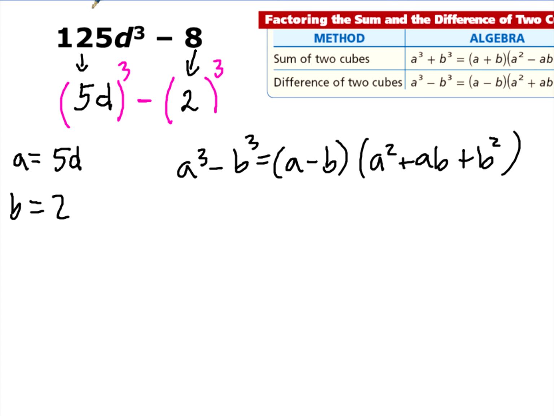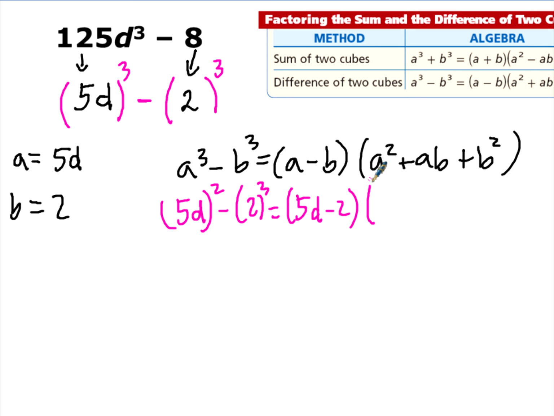Alright, so let's plug that in. So 5d to the third minus 2 to the third equals a minus b, so 5d minus 2 times a squared. Well, that's 25d squared plus a times b. a times b is 5d times 2, which is 10d, plus b squared. b is 2, so b squared is going to be 4.